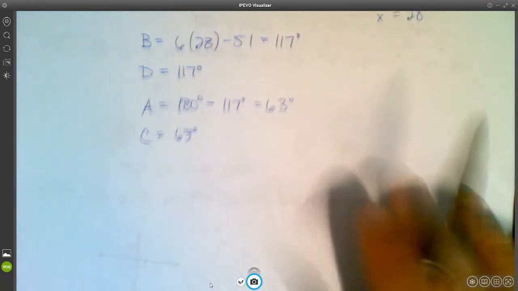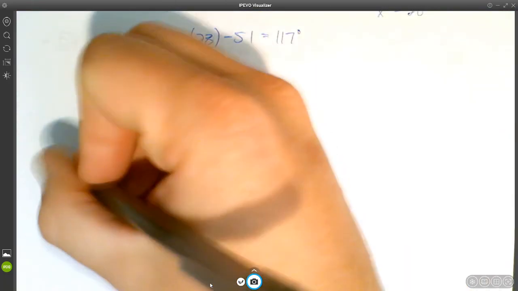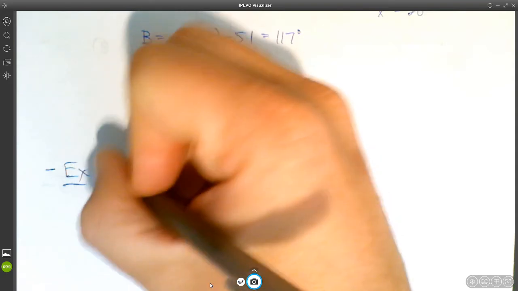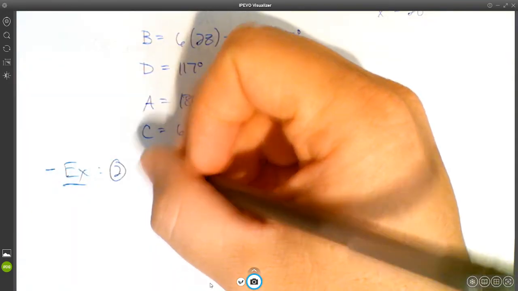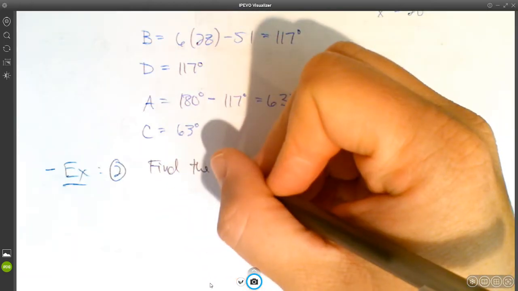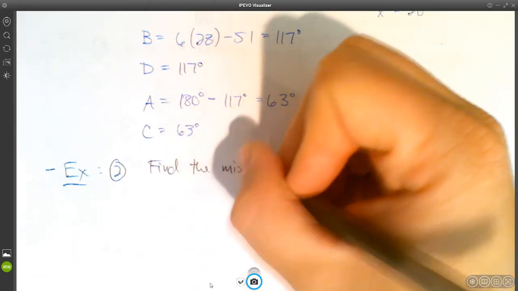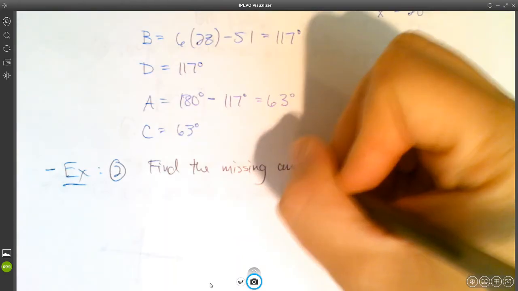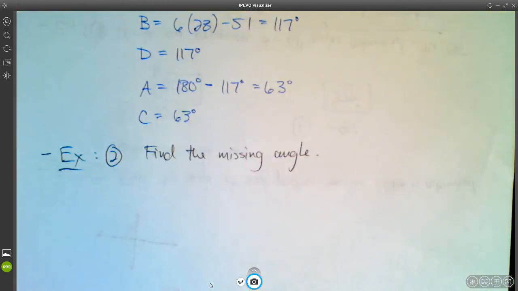Let me give you an example of that fact in action. So let's find the missing angle. Okay. I'm being very lax about the terminology.